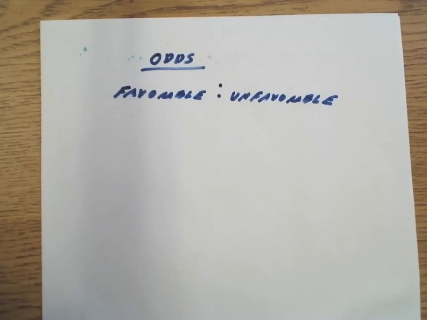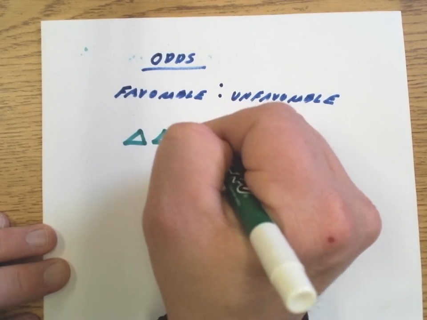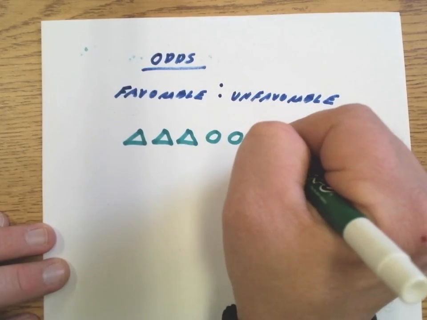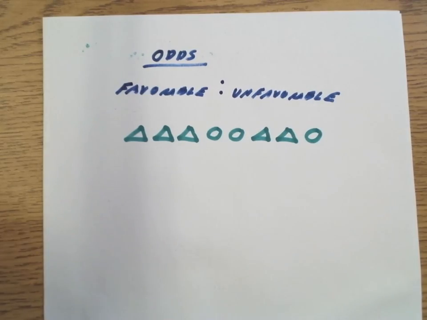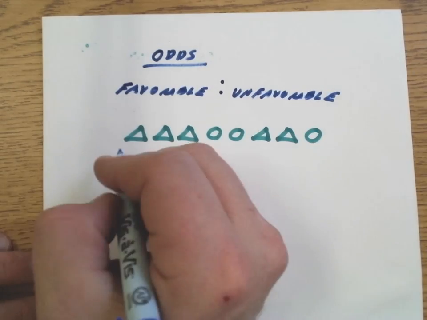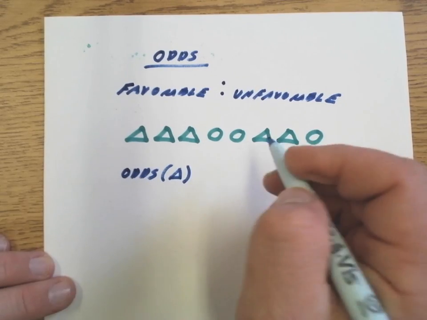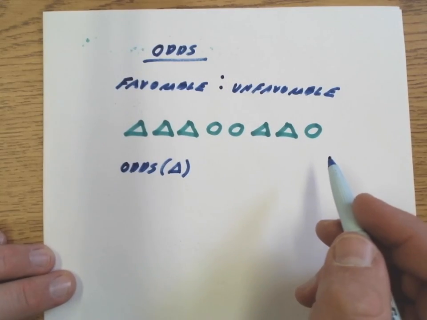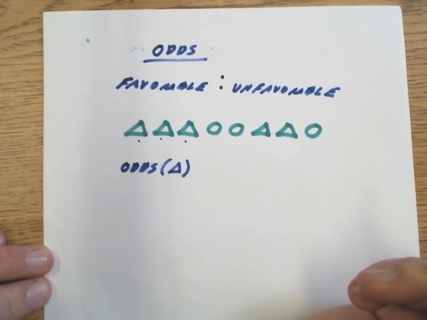Let's say that we have some shapes. I'm taking a look at these shapes here. Let's say we want the odds of selecting a triangle out of this group. How many triangles do we have? 1, 2, 3, 4, 5.